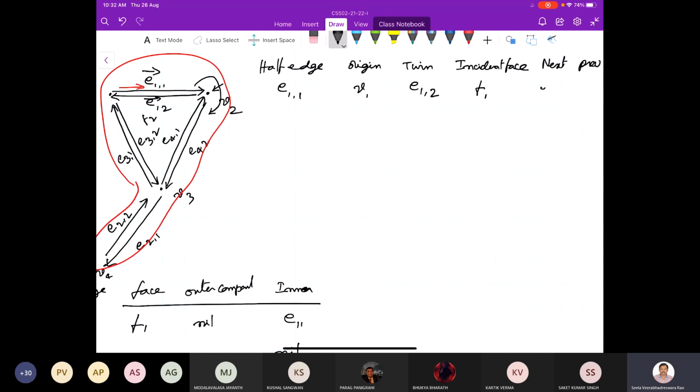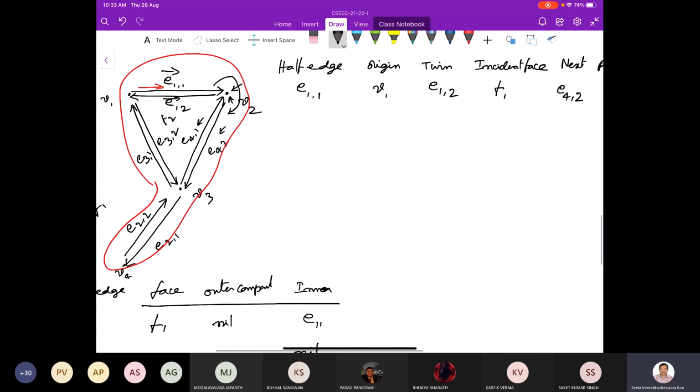So that edge is E42. Okay, immediately next in the clockwise direction at the destination vertex. Of course, here two edges are there. Which one do you keep? Keep the off edge for which this is the origin. So we'll keep the E42, not E41.